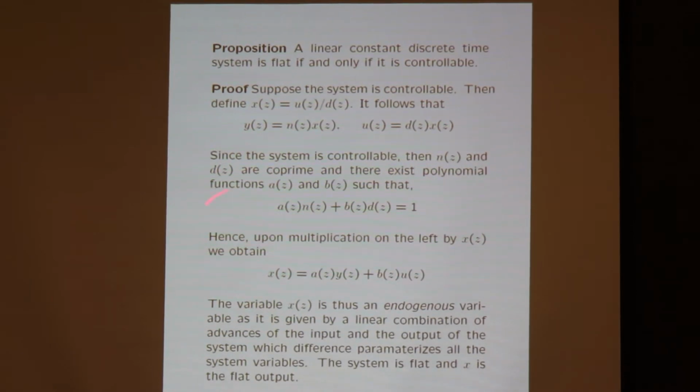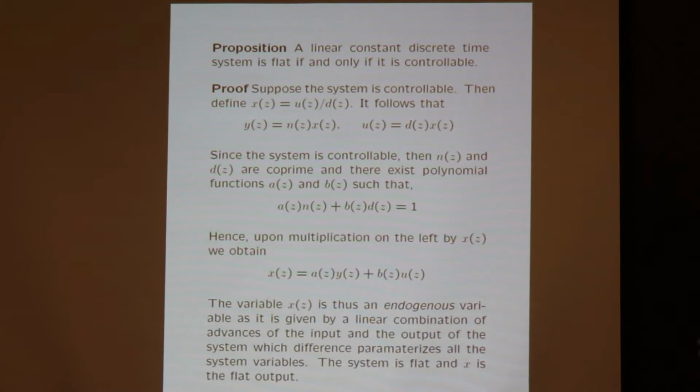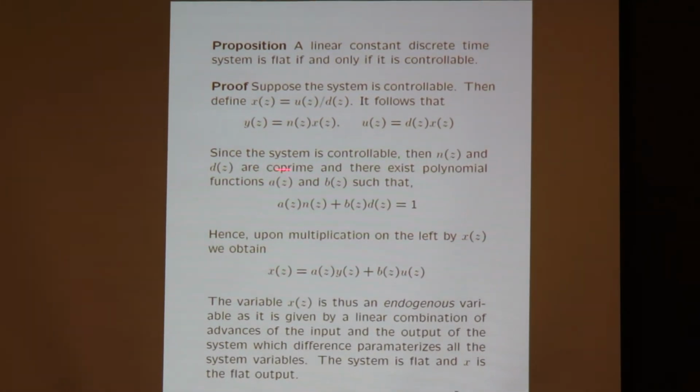So coprimeness is exactly the same, and the Bezout identity is the homologous one to the one we have in continuous time.